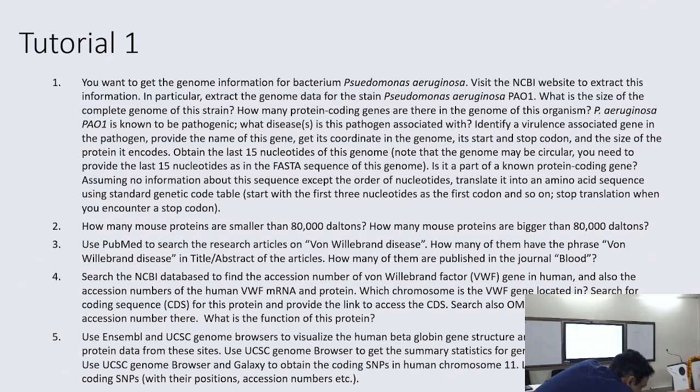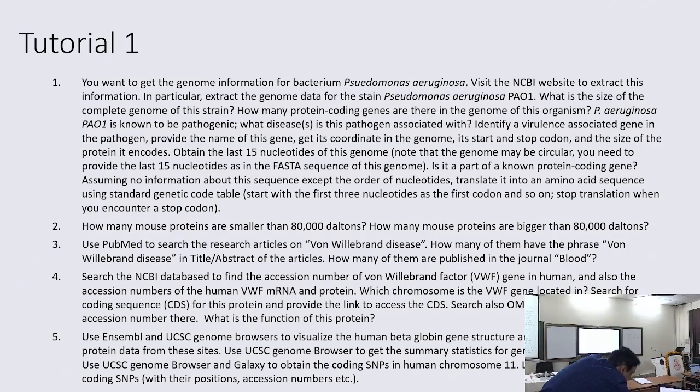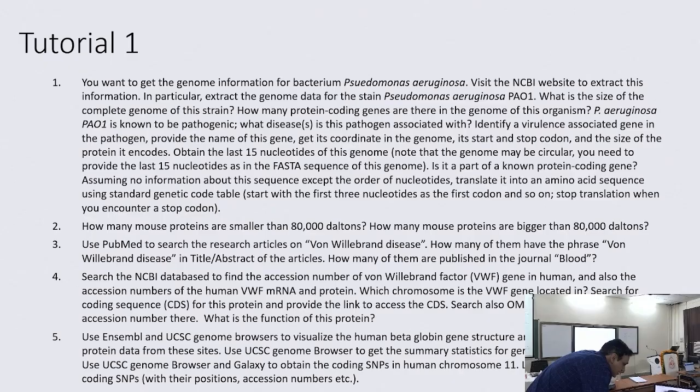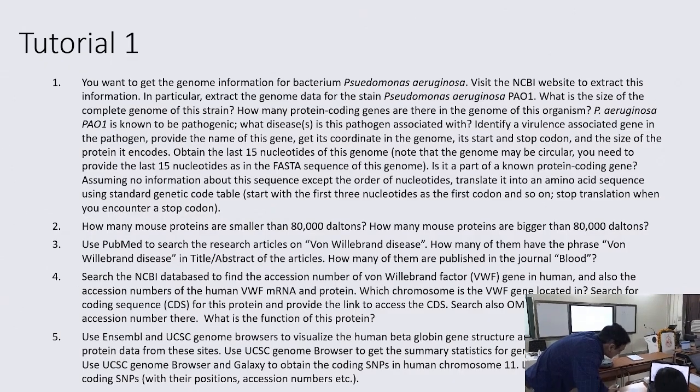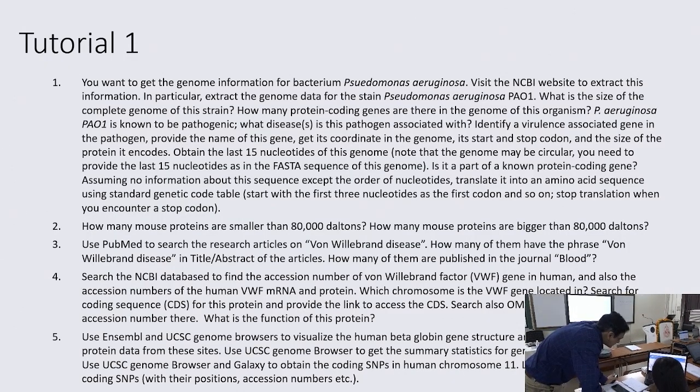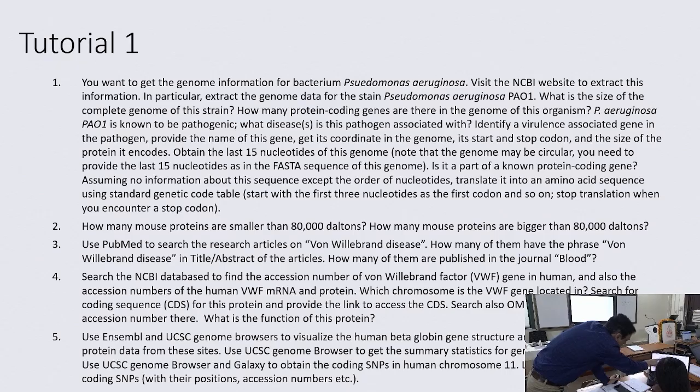So this is a reference strain. Click on this accession and go down. Yeah, so this is the genome size. If you move the cursor here, you can see the exact size.